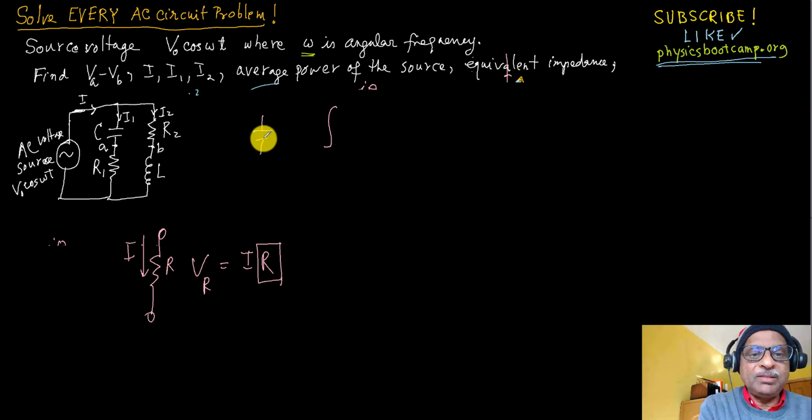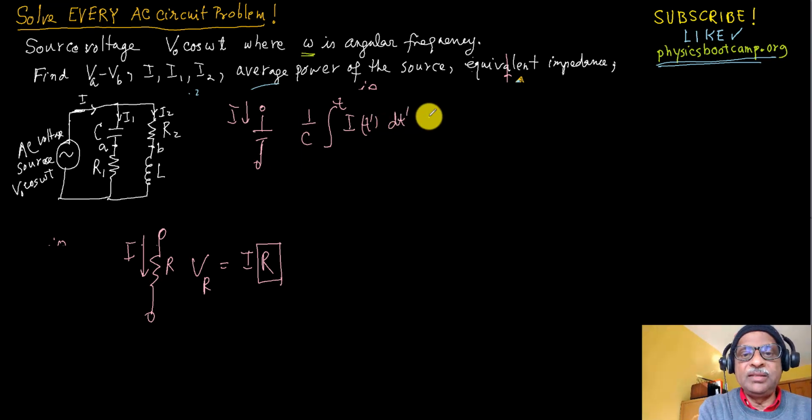For the capacitor, if I ask the same question, I'm going to have 1 over C times an integral of the current I going through it to get the voltage across the capacitor.